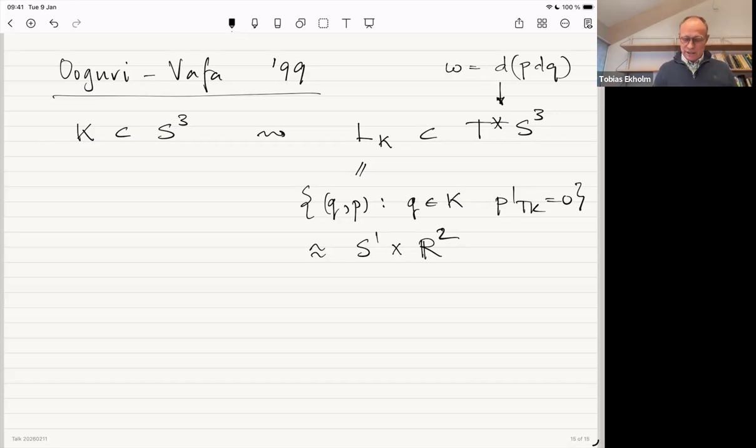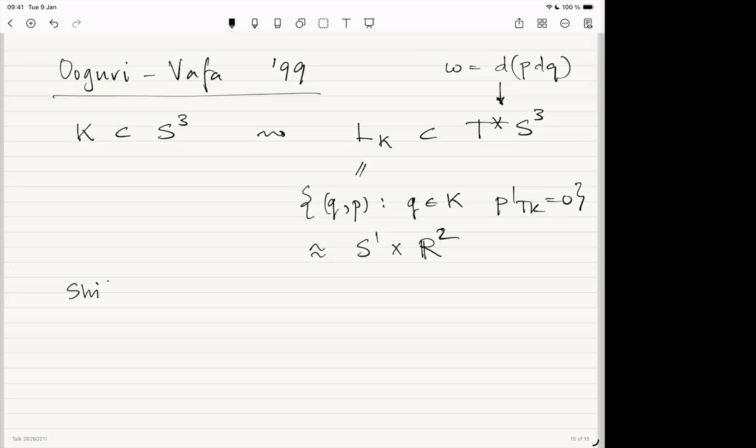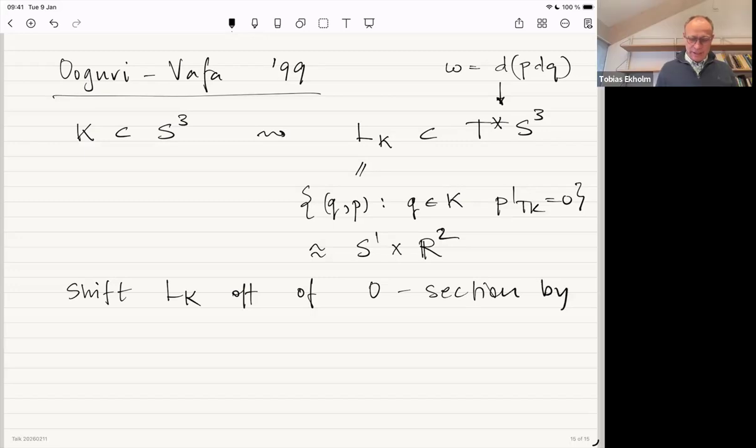Then they shift it off by a closed one-form, say d theta, in a tubular neighborhood.